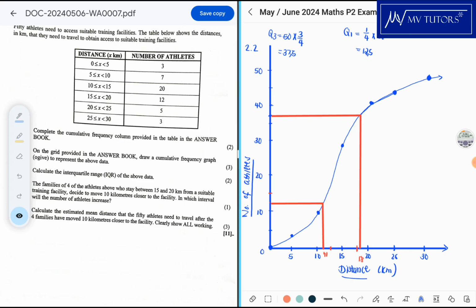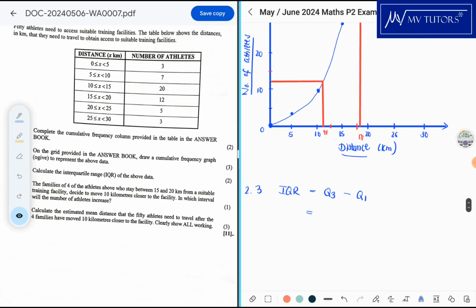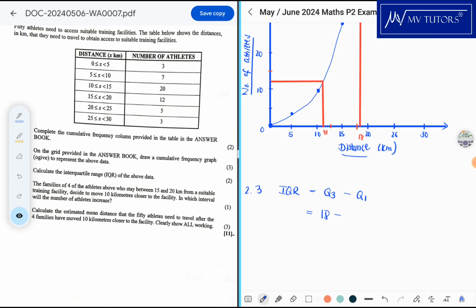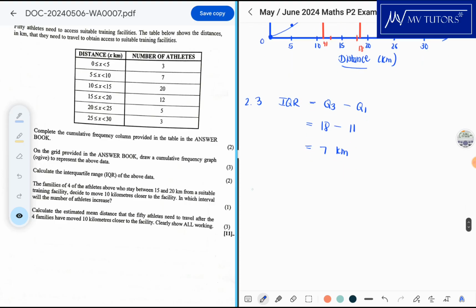So for the interquartile range, Q3, the upper quartile, I get a value of 18. This is why you would get better results, because you're drawing on graph paper. The lower quartile we get 11. So 18 minus 11 gives you 7. And this is now in kilometers. Cool. Now let's go over to 2.4.